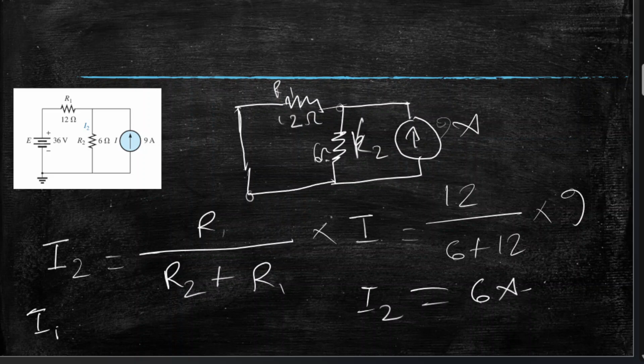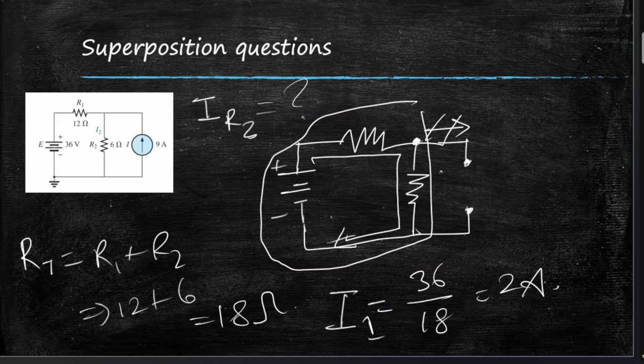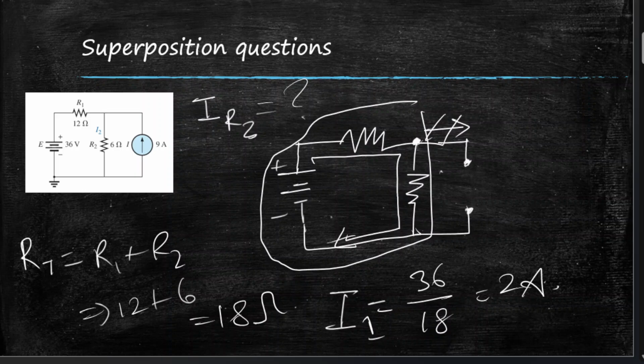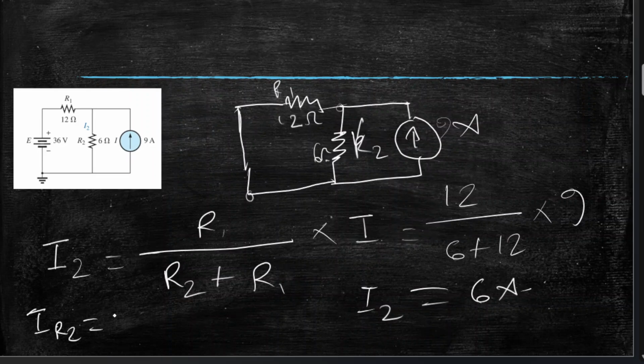So let's say IR2 is equal to I1 plus I2. What was I1? Sorry, I1 was 2 amperes. So 2 ampere plus I2, which is 6 ampere, is equal to 8 amperes. That is the total current flowing through the resistor R2.